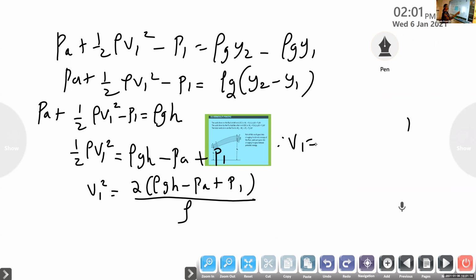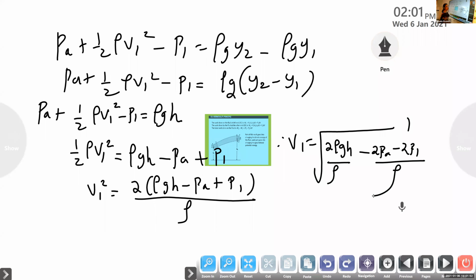Thus, V1 is equal to, take the square root of it, that is square root of 2 rho GH by rho minus 2 PA plus 2 P1.